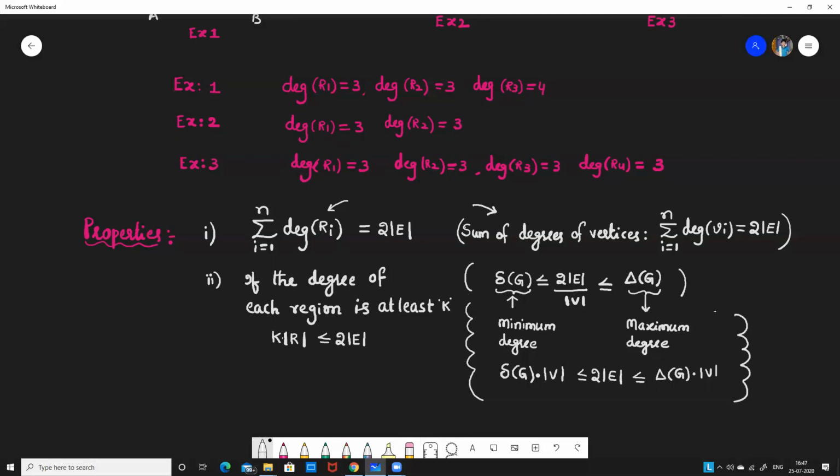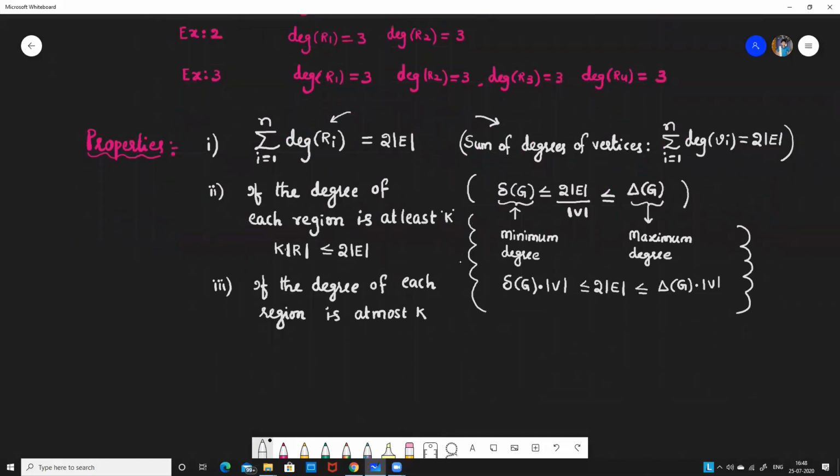If it is vertices, we can say cardinality of V. If it is regions, we can say cardinality of R. Similarly, the third property: if the degree of each region is at most k, that means it's the maximum degree, right?